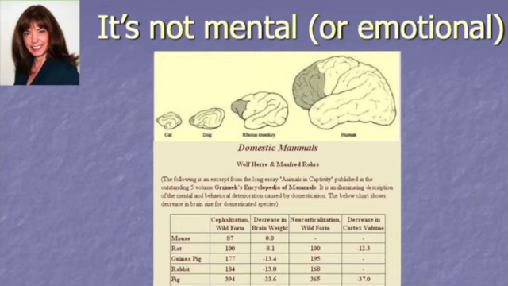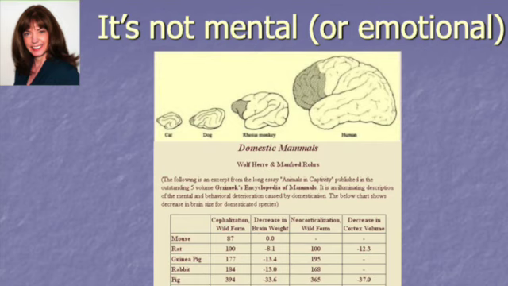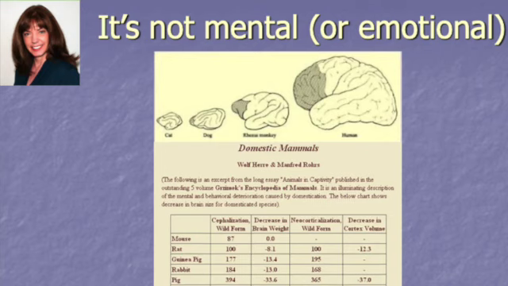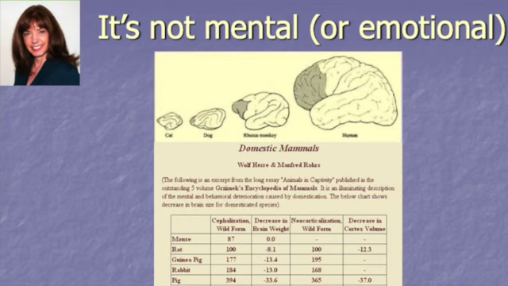And as you go down, the monkeys, of course, is a little bit larger than dogs or cats. But you can see from this chart that, in the wild form, there's quite a difference in terms of the brain weight, which is a reflection on what's going on with the way the neocortex processes.